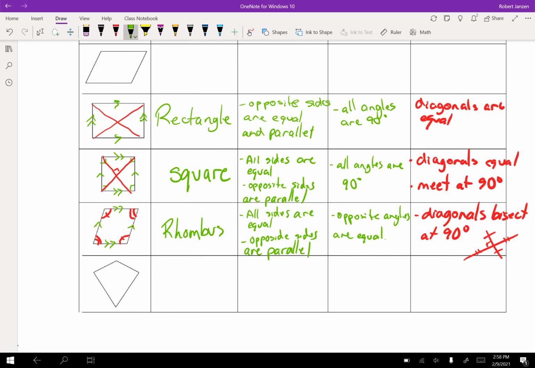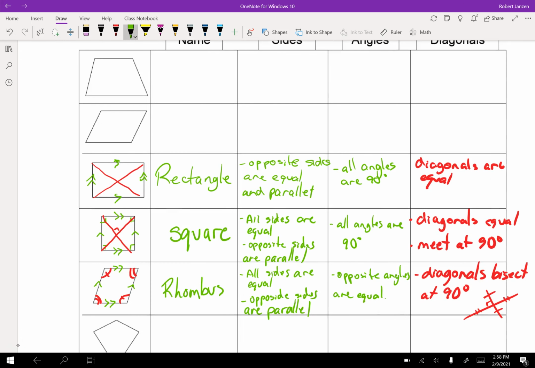Okay, let's use this information then to do what's called the parallelogram, because the parallelogram is kind of like a rectangle. In fact, a rectangle is a special parallelogram. I didn't spell that right. There. Parallelogram.